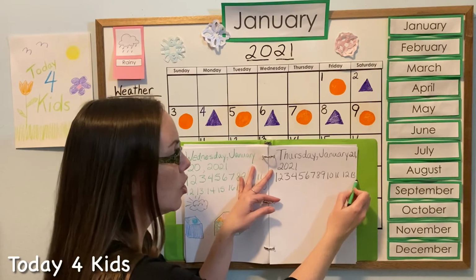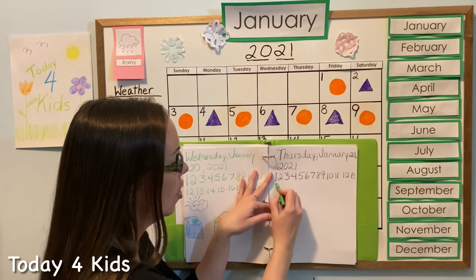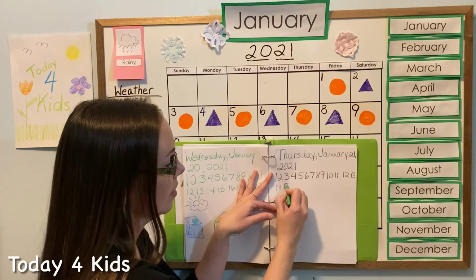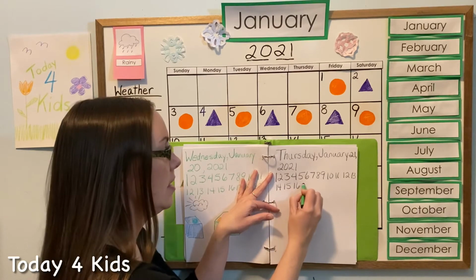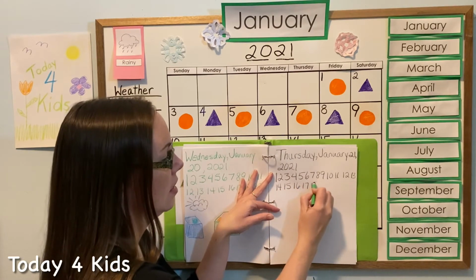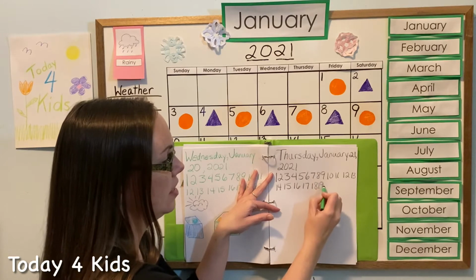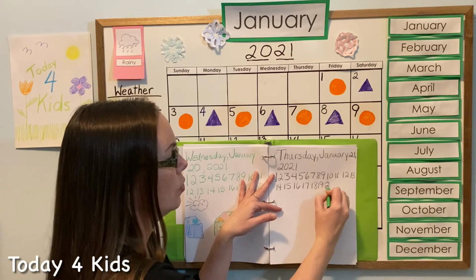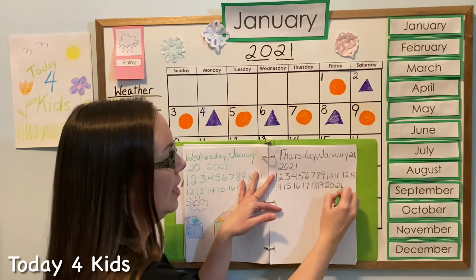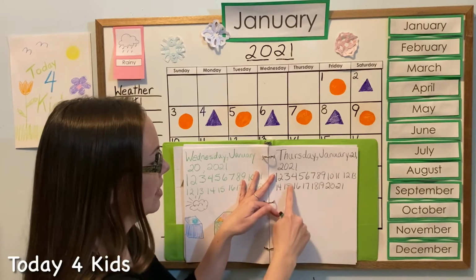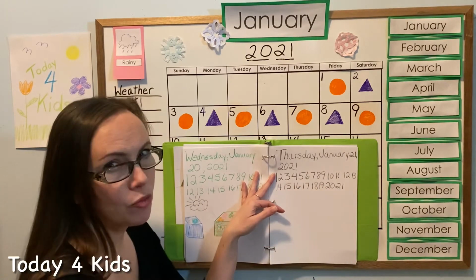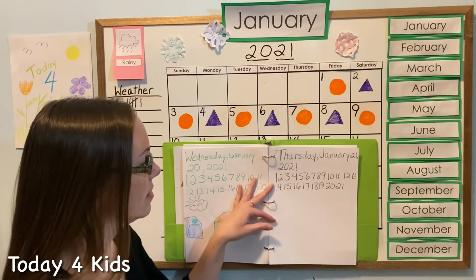I'm out of room, so I'm going to go all the way back to the beginning here. 14, 15, 16, 17, 18, 19. Oh, that was really close together. 20, 21. Normally I like to put a little bit of a space in between, but I'm just practicing, so that's okay to make mistakes.